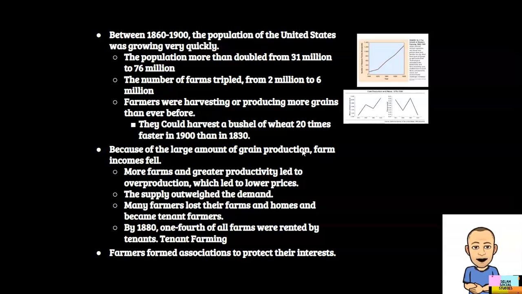So the faster processing of wheat led to a problem with the farms on the plains. More farms and greater productivity led to overproduction, which led to lower prices. Farm incomes fell and many farmers lost their farms and homes and became tenant farmers. So by 1880, about 25%, or 1 out of 4 farmers, were tenants.